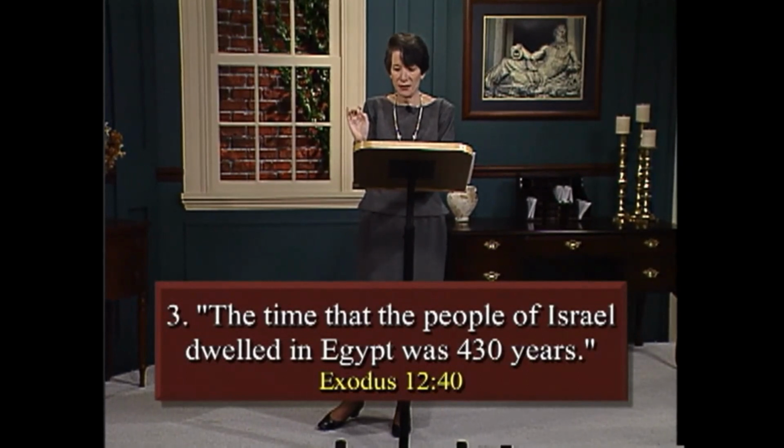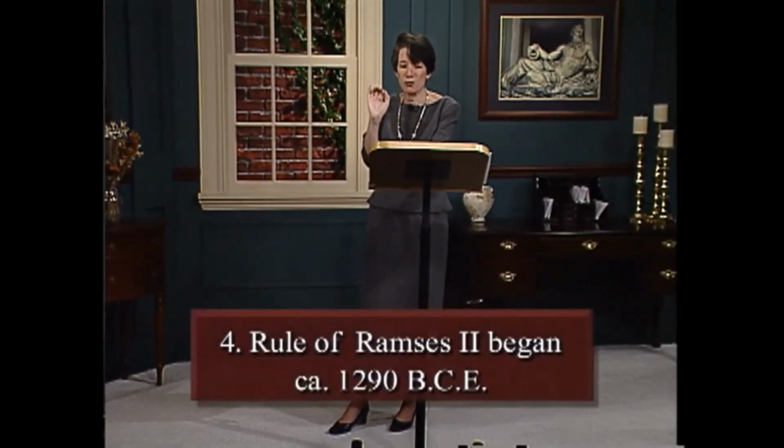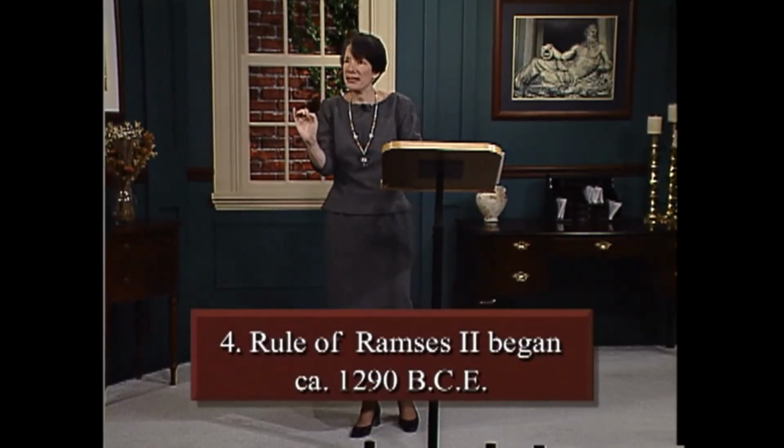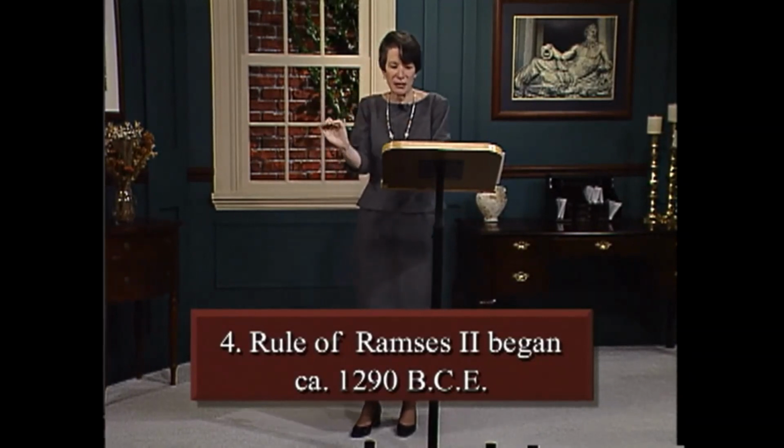Step 4, the Pharaoh of the Exodus, if you're confused by now, you can check the booklet. The Pharaoh of the Exodus is traditionally viewed as Ramses II, whose rule began approximately in 1290 BCE.